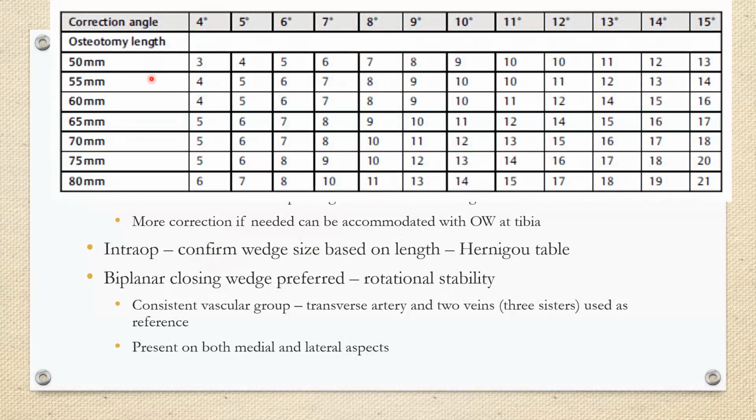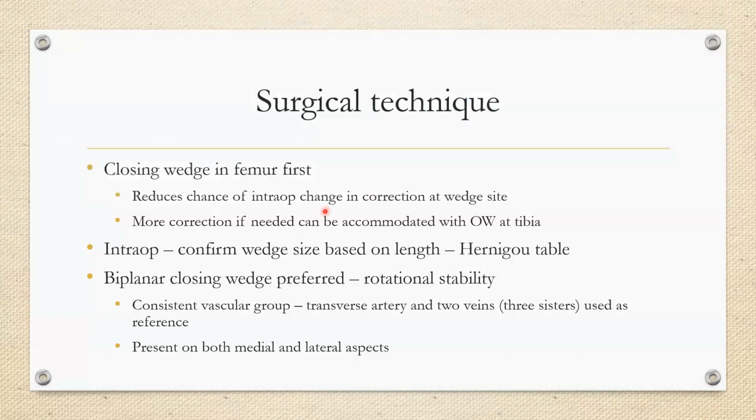So as you can see, if the femur is only 50 mm wide, even for an 8-degree correction you need only a 7 mm cut. However, in a longer femur, it needs as big as an 11 mm cut. And just like in HTO, a biplanar closing wedge osteotomy is preferred, the primary reason being that it provides better rotational stability.